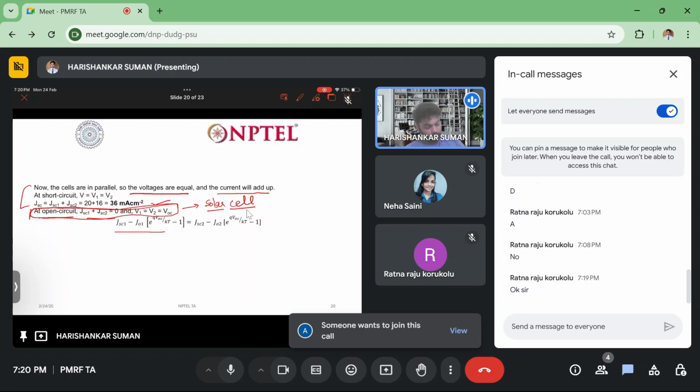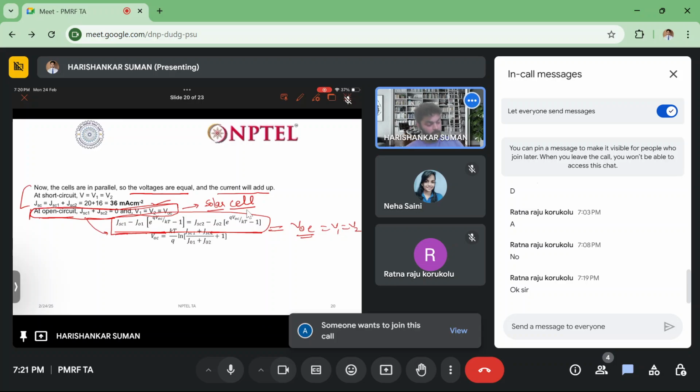Put the value of JSC1 and JSC2 or VOC. So now you can find the VOC, and they will be equal. So here we apply the above concept and equal the VOC, V1 equal to V2.